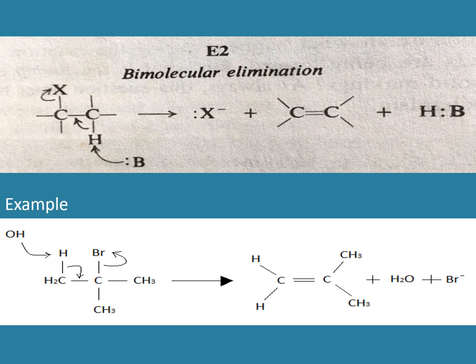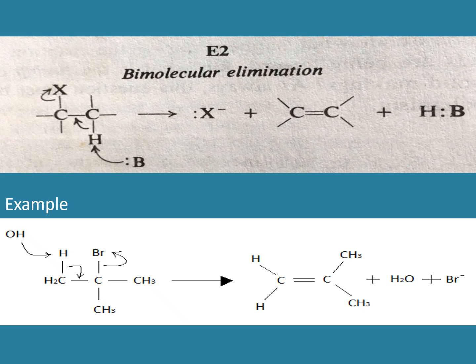It is a bimolecular reaction. In this case you can see that a base is attacking hydrogen, so hydrogen will leave its electron with the carbon atom, and it will be lost as a proton, and hydrogen halide will be formed.